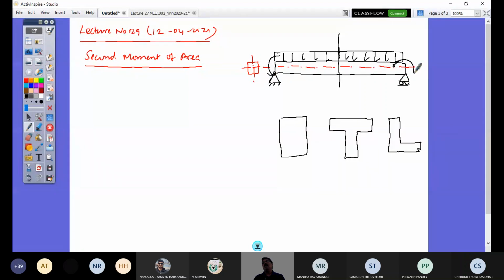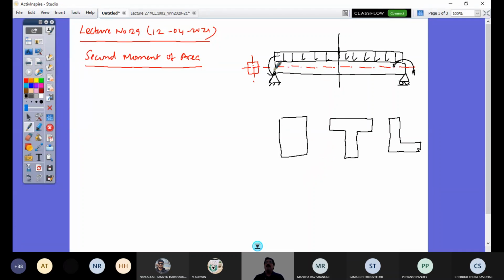So if you are given a couple moment like this, under this loading, what would happen? This would be under bending. If we have pure bending, that means you do not have lateral load, you have only the couple moment, right? Then there is the bending equation, and that bending equation is going to give you the stress developed in the section.